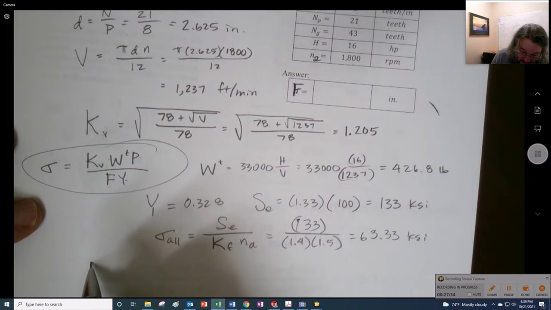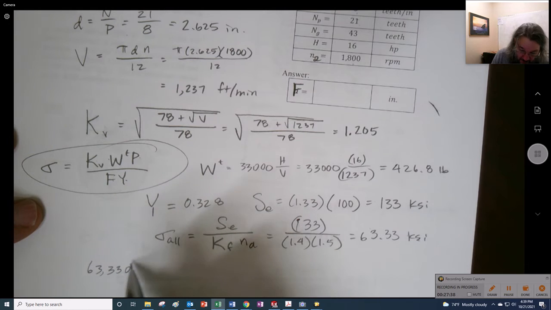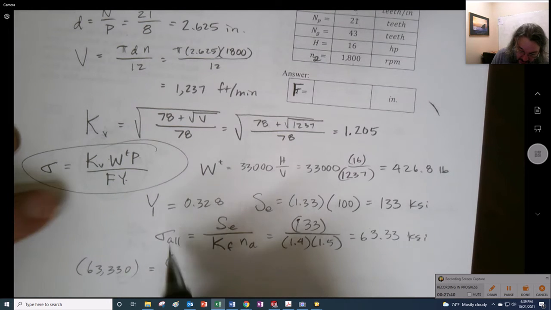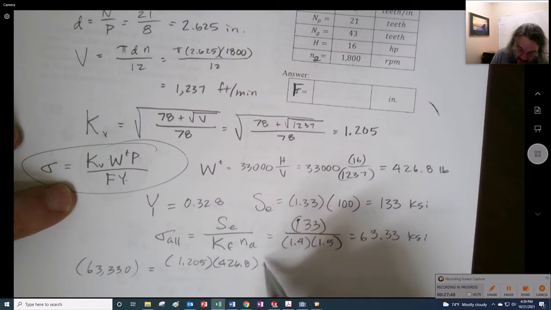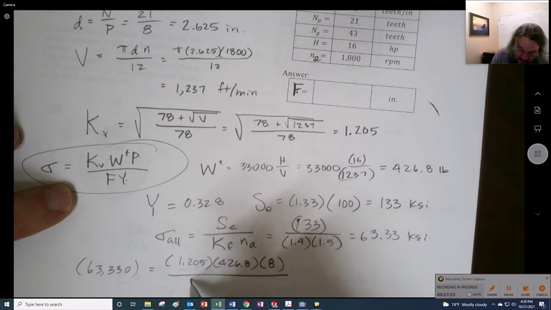So we set the allowable 63,330. It's going to be equal to KV 1.205, transmitted load 426.8, pitch 8, divided by face width, what I want to know, and then Lewis form factor.